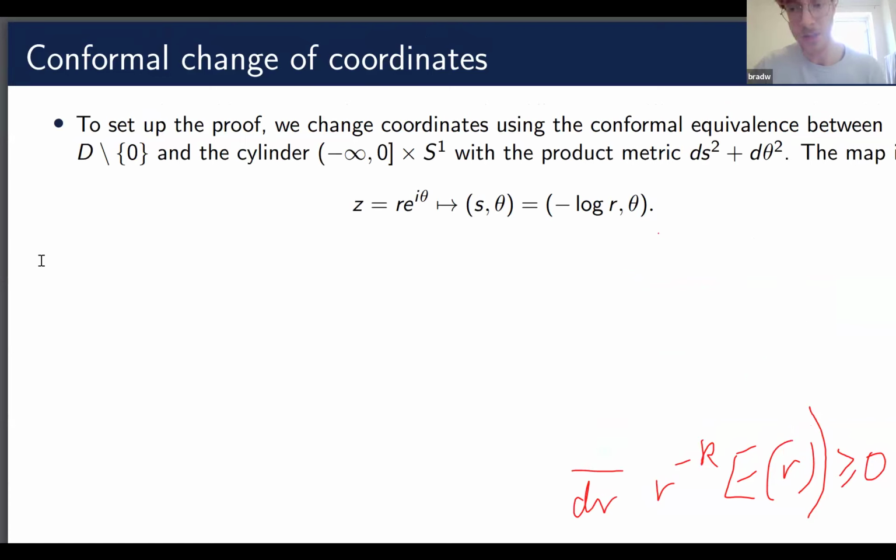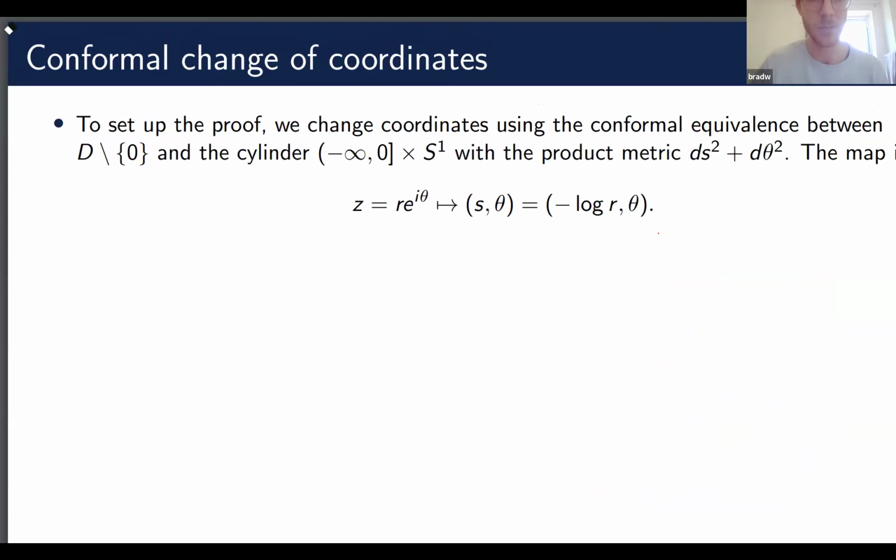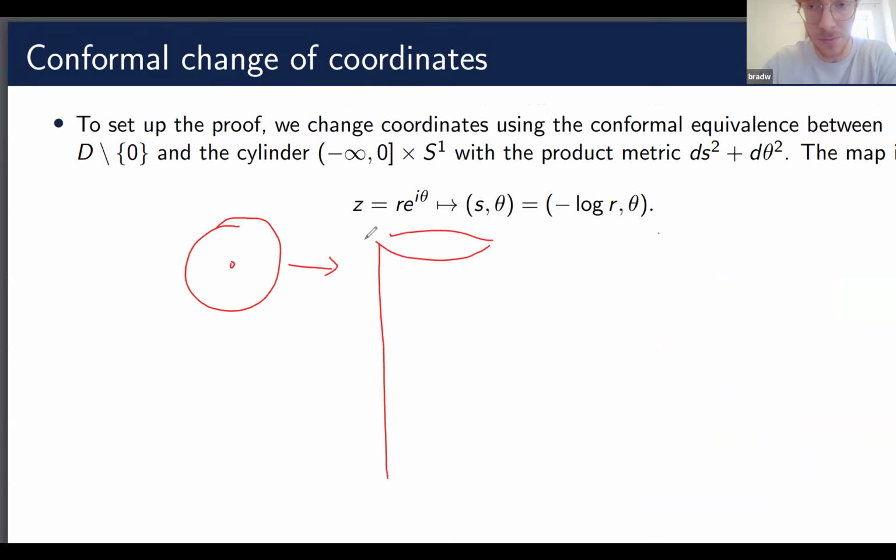So how we're going to do that is we're first going to make a change of coordinates. If we use this map from this unit disk to the cylinder extending infinitely far downwards, given by this, what this does is it sends small neighborhoods around this puncture off to minus infinity, and this boundary here to the boundary at s equals 0.